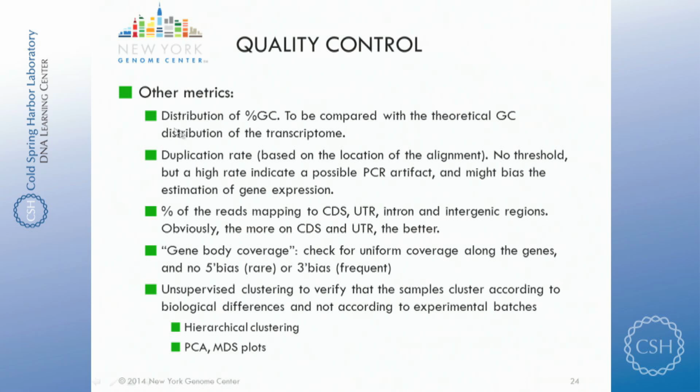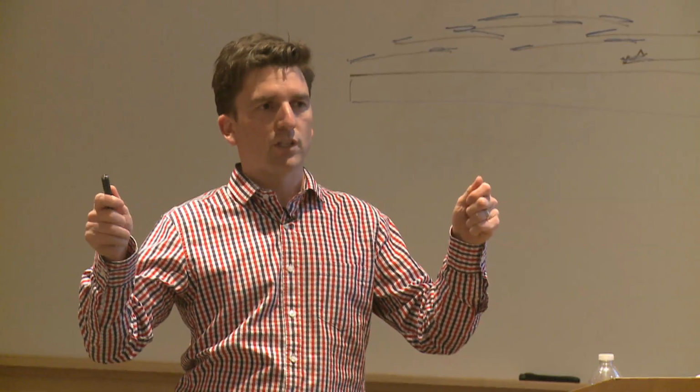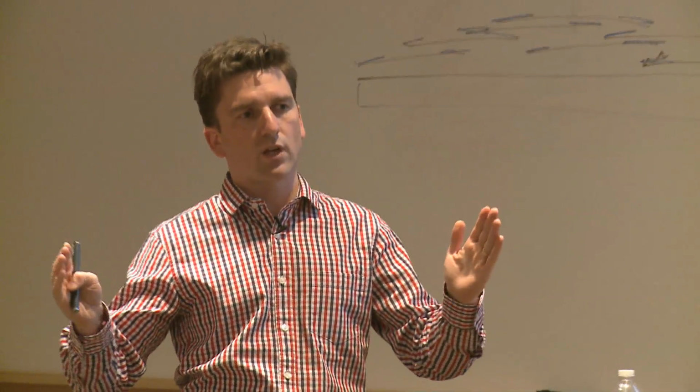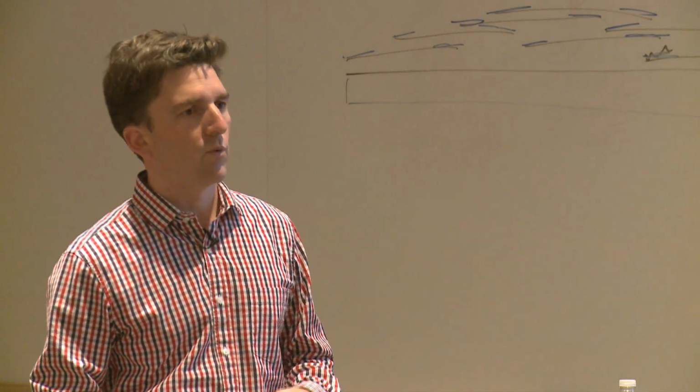The duplication rate, same. We can measure that from the FastQ. We usually do it on the alignment by looking at the location. So when two reads are mapping to the exact same location, for highly expressed genes, that's okay. If you have 50 of them that match exactly the same location, that's the same sequence, that's something to be a little bit worried about.